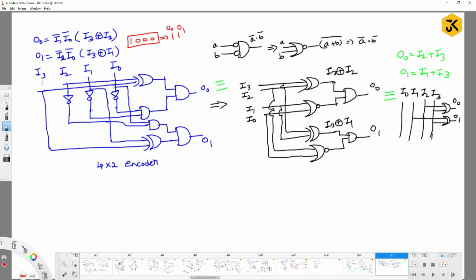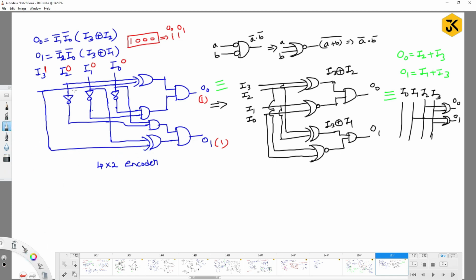Here, if you pass 1, the 1 will come here, 1 will come here, and for I2 it is 0, complement is 1. Observe, here I am trying to give the inputs as 1 followed by 3 zeros. So if output at O0 is 1 and output at O1 is 1, then I can say that the drawn circuit is perfectly correct.